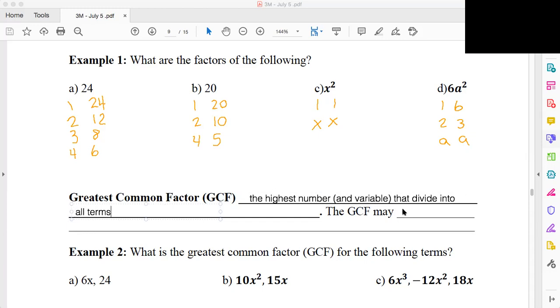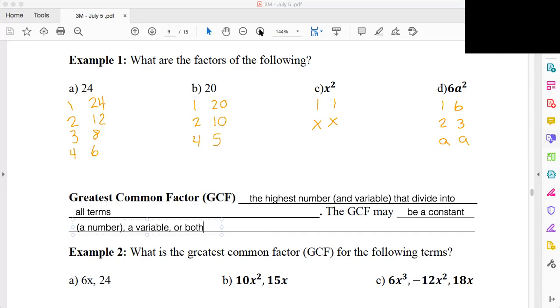The greatest common factor, GCF, may be a constant, which in other words is just a number that doesn't have a variable to it, a variable, our letters such as x, y, or a, or both.